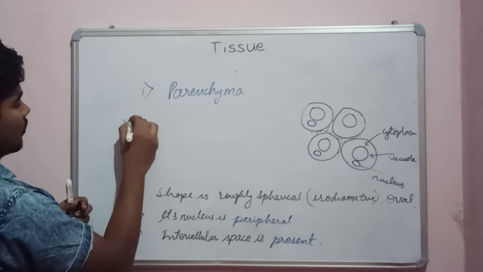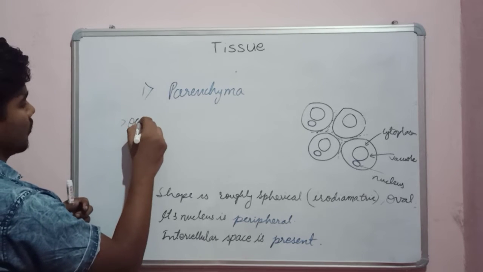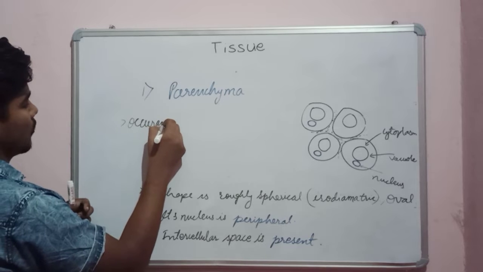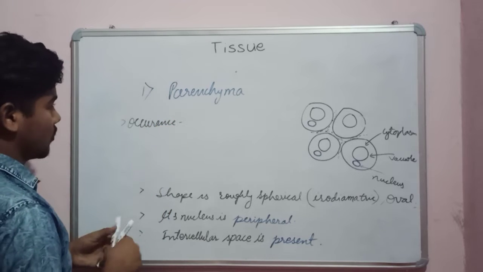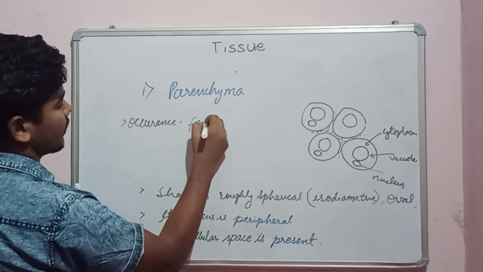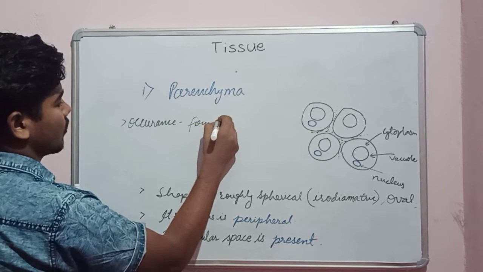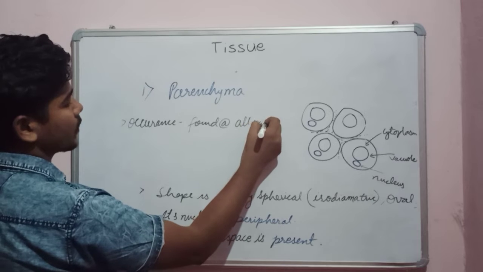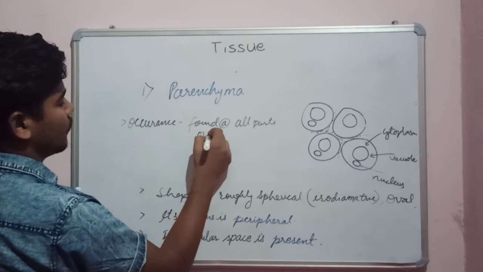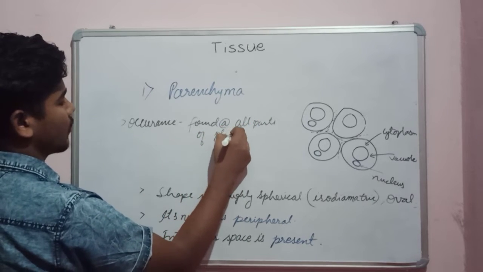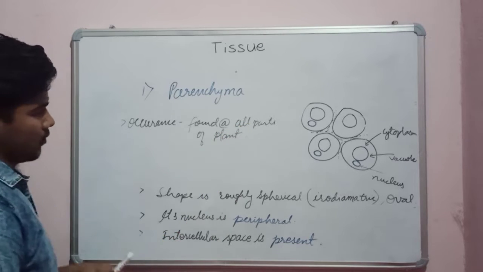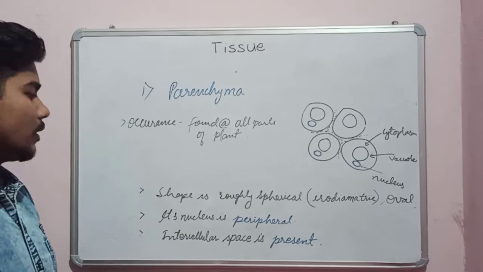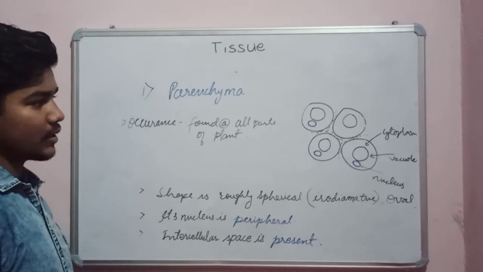Next is occurrence. Found at all parts of plants. Okay. Now let's talk about its function.